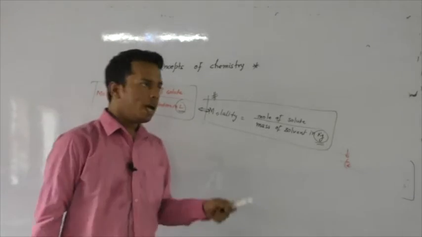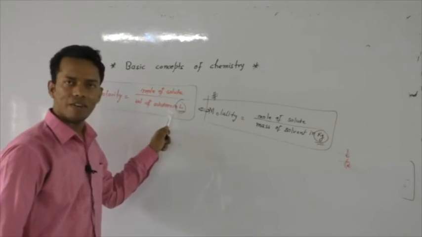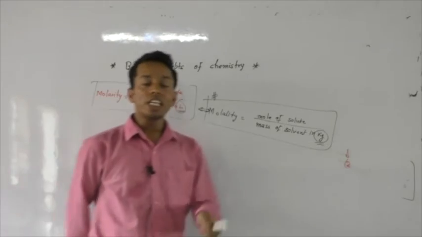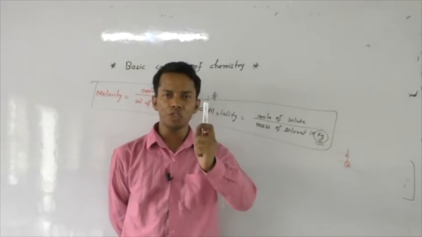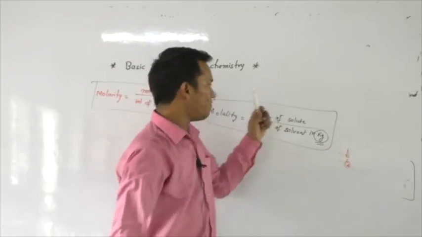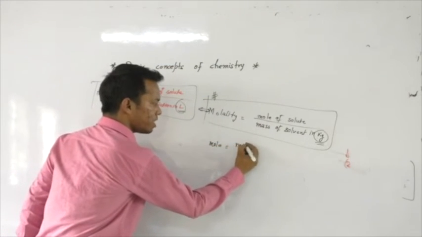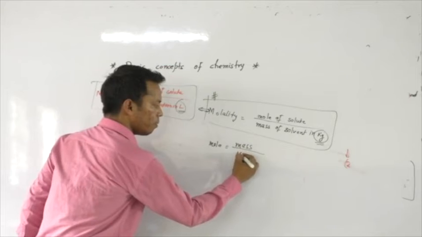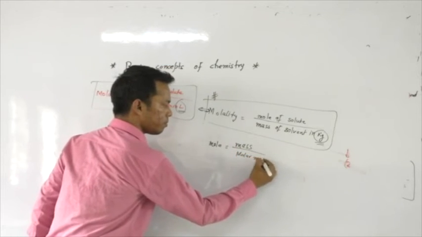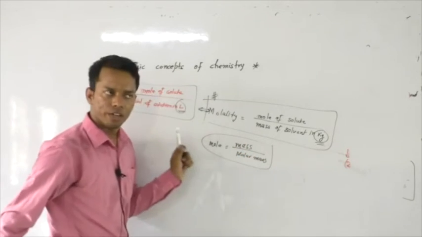Now, let's say molarity is given, volume is given. Can you calculate mole? In every numerical, your aim is to calculate mole only. Mole is mass divided by molar mass. So from here you can calculate mole. This is the first formula.